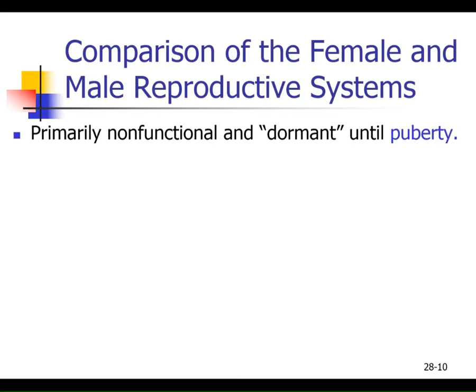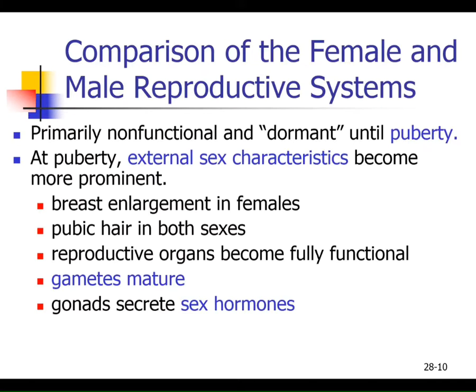Let's talk about how they're different, the systems. Here we're still talking about the fact that the reproductive systems are dormant until puberty, for the most part. And at puberty, the external sex characteristics that kick in the teenage years become more prominent. That is breast enlargement in females, pubic hair, the deepening of the voice in the male, all of those things that we know happen.